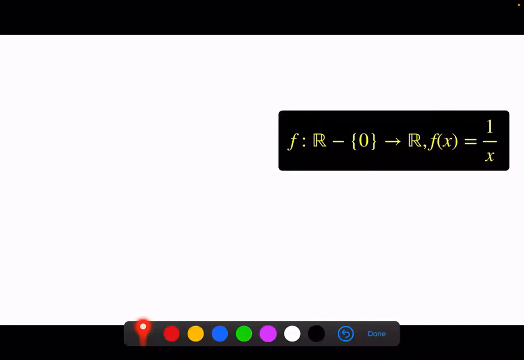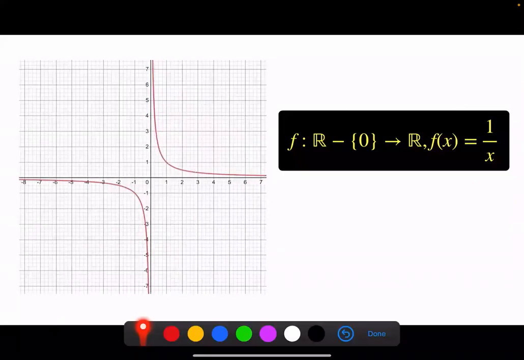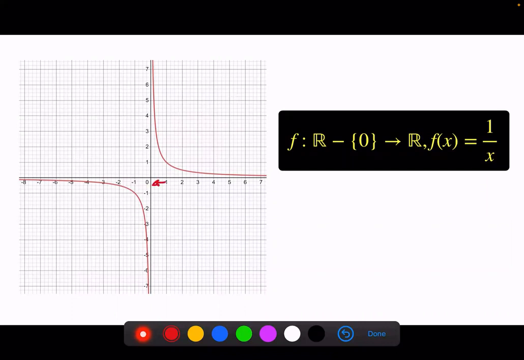Okay, so some more functions. If you have f of x is equal to 1 over x, the graph looks something like this. Suppose your x value is very, very small. If you take x is 0.5, what will happen to 1 over x?